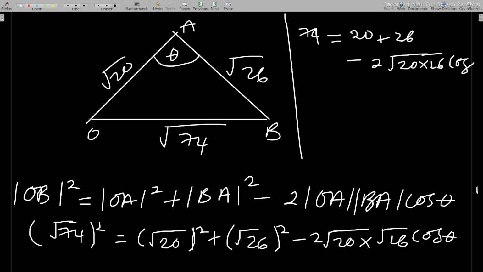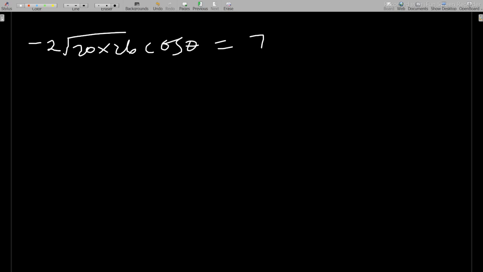I hope you get what I'm trying to do here. Then this whole thing will give us negative 2 square root of 20 times 26 cos theta equal to 74 minus 46.